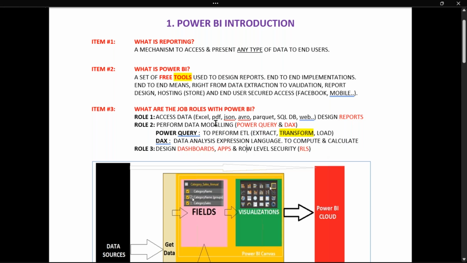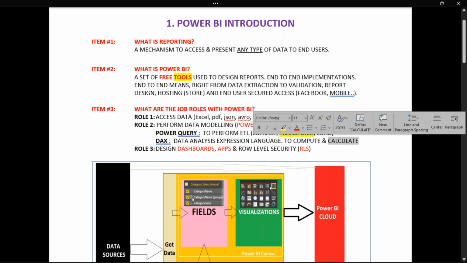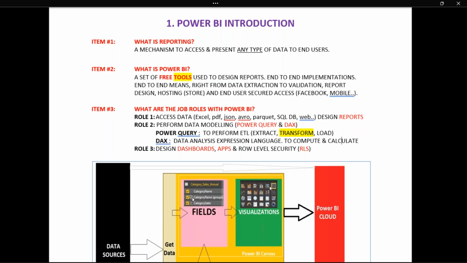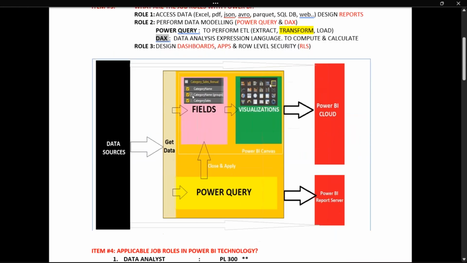So our main job roles: access data, clean it, slice it, dice it, then design reports. While designing the reports, you need computations and calculations like star ratings or any kind of analytic calculations like year-on-year sales, best month, or last top 2 months in terms of sales. Or we have something called DAX for the purpose of time intelligence and so on.